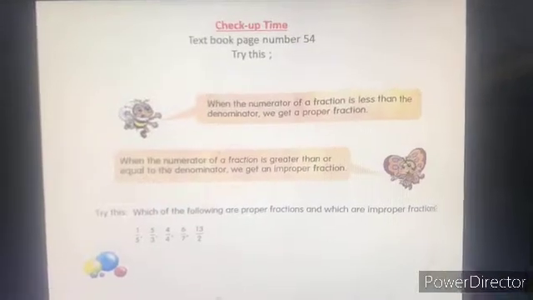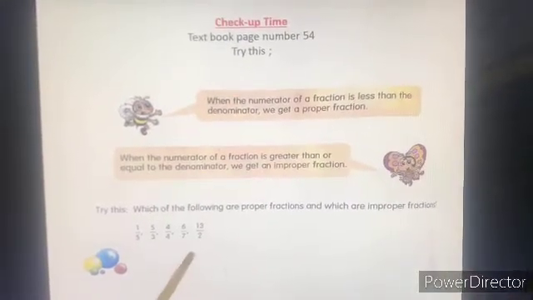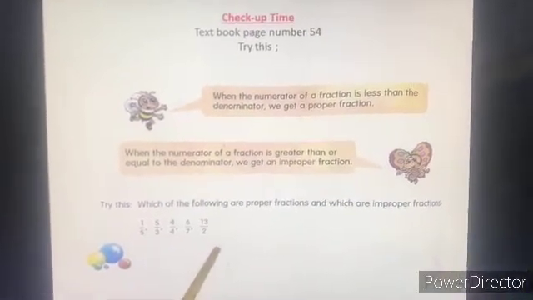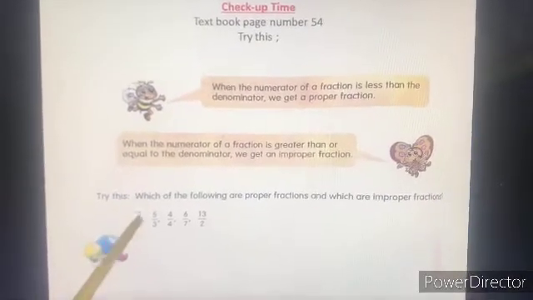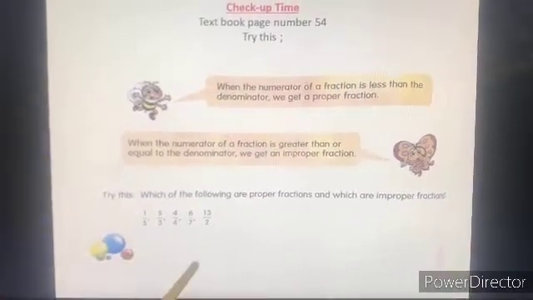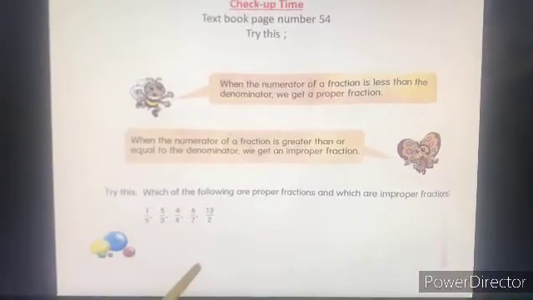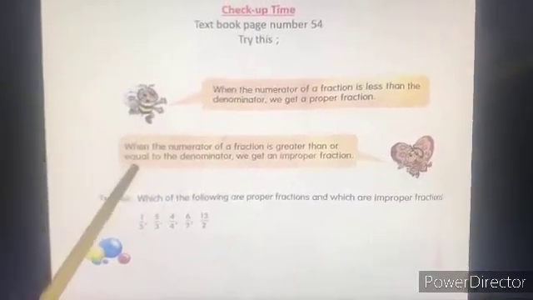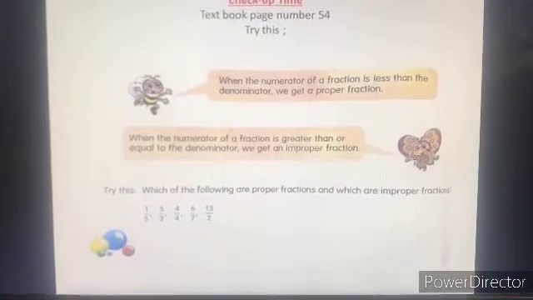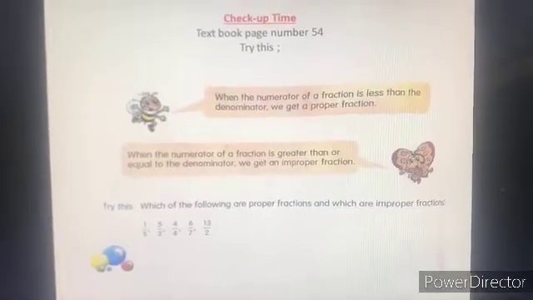Let's try. Which of the following are proper fractions and which are improper fractions? I want you to tick the proper one and circle the improper one. Got it? So I'm giving you 2 minutes. Please do it and then I'll check the answers.